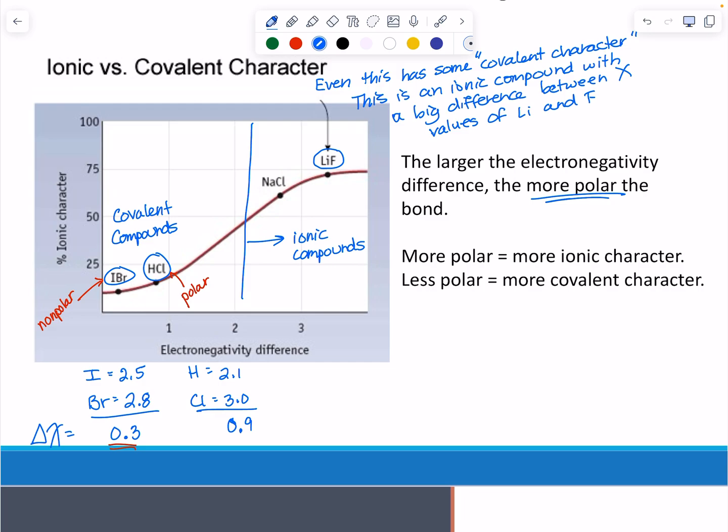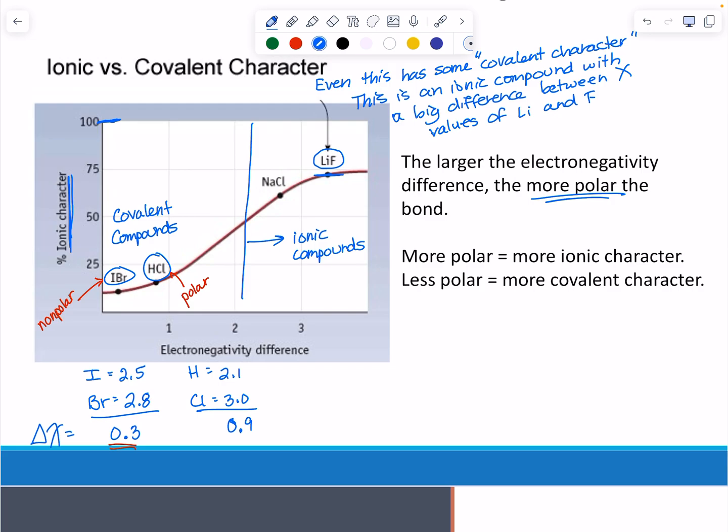But really, this is percent ionic character, so 100% means the electron completely spends no time around one of the atoms. So when we said this has some covalent character, what it means is that electrons in that bond do spend a little time around lithium.